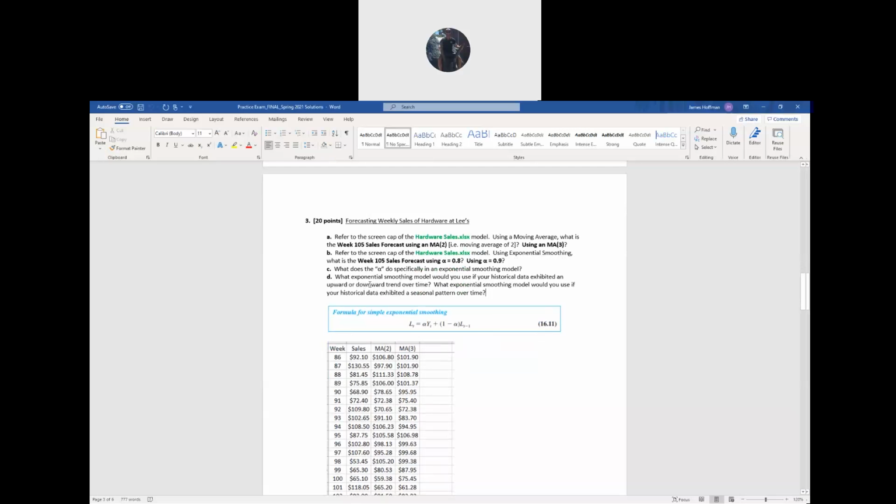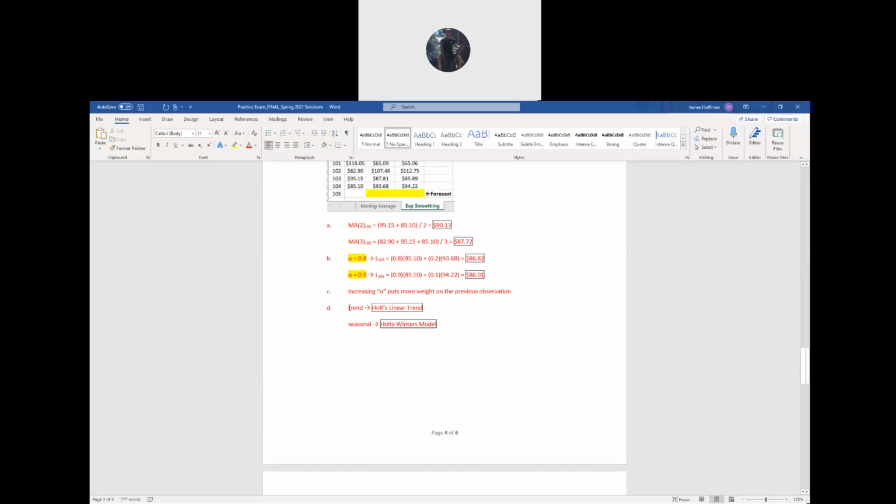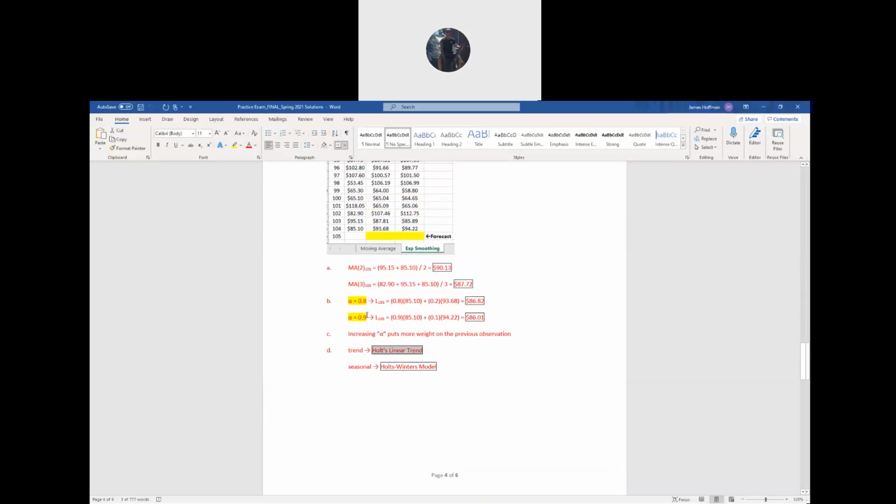We learned how these types of models would work if you see a trend, seasonal, or both. If you plot the data and you see an upward or downward trend, then you want to use Holt's linear trend model.